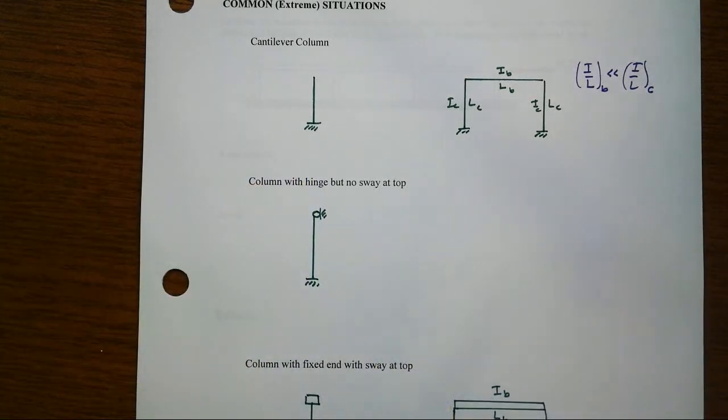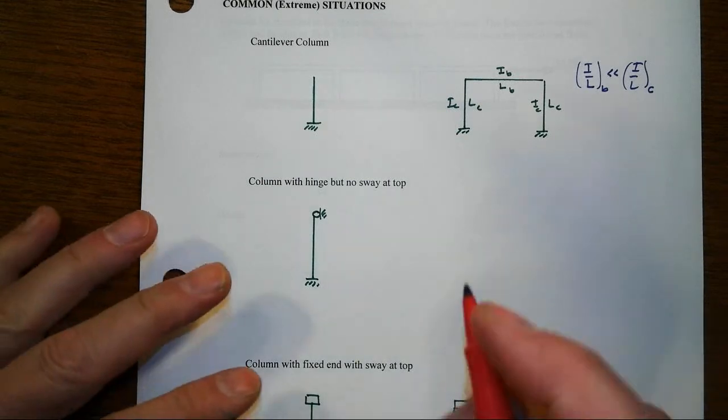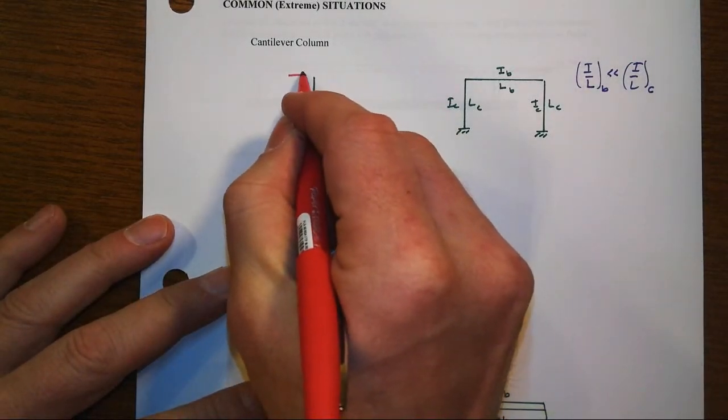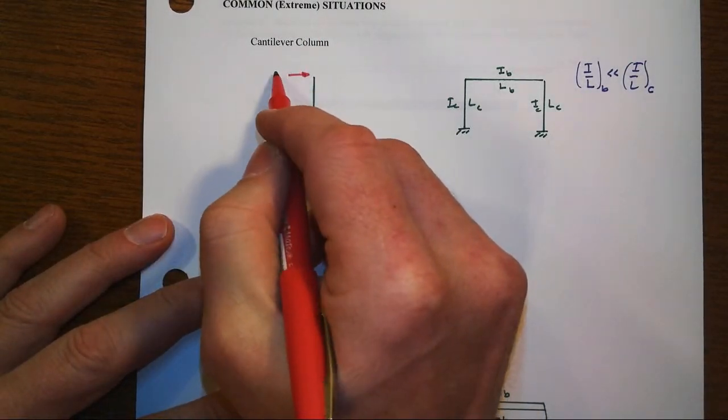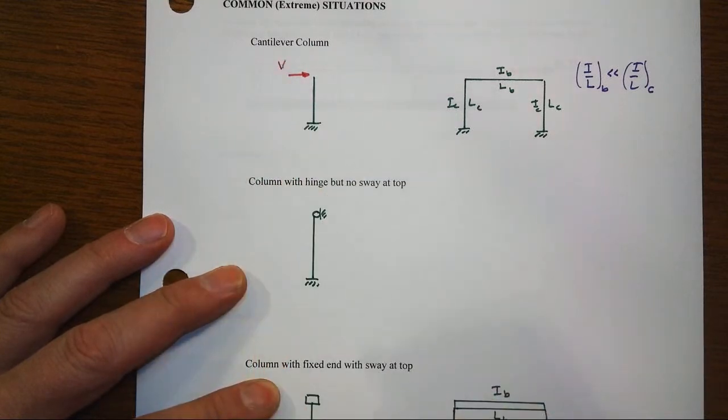And when that might be the case, or help us to provide a bound for the response of that column, then we might be thinking about the shear that is imposed on the beam.